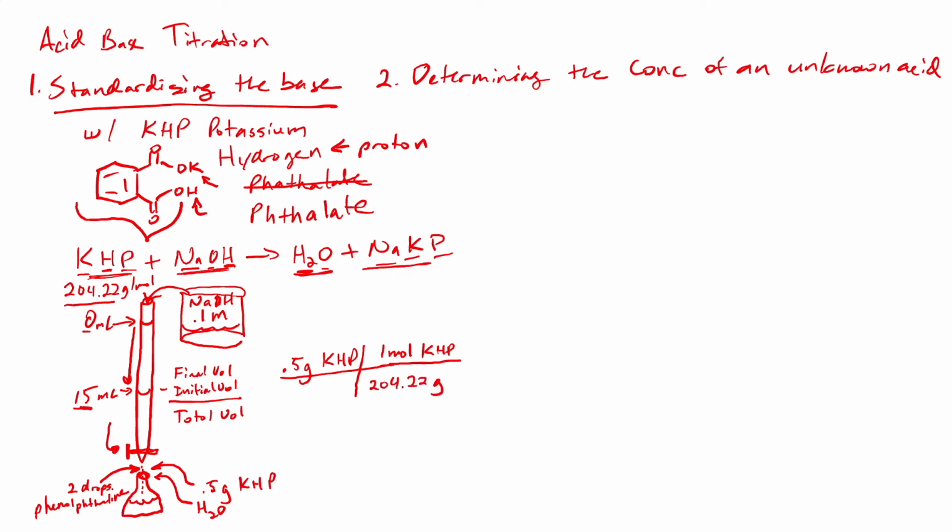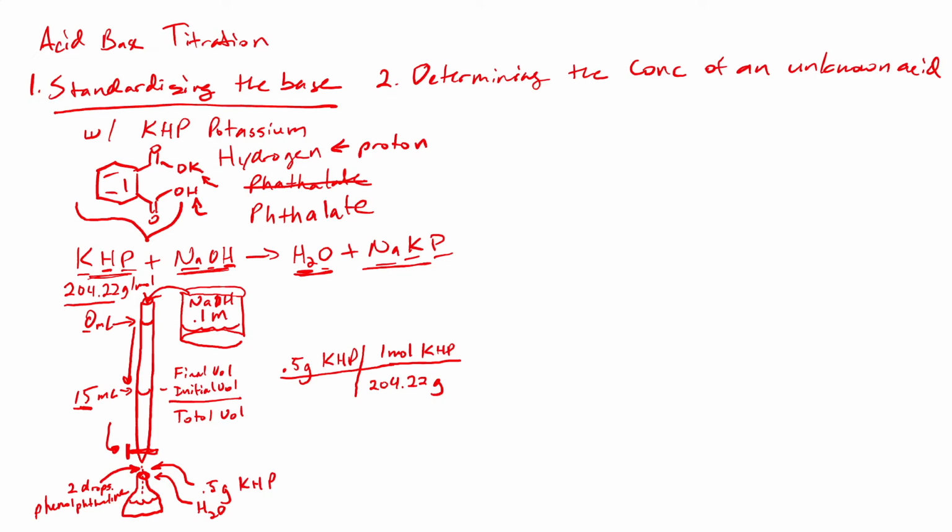And some of you may be asking yourself, where the heck did I get the 204.22? You can get it one of two ways. You can ask Siri what it is, and Siri can tell you, or you can look on the periodic table and add up all the different molecular weights of the potassium, the hydrogen, and all the different atoms inside the phthalate ion. And they both will give you the same answer.